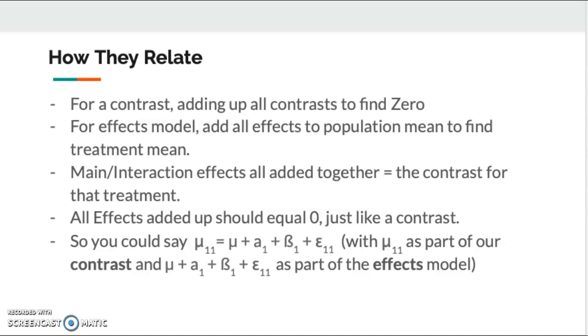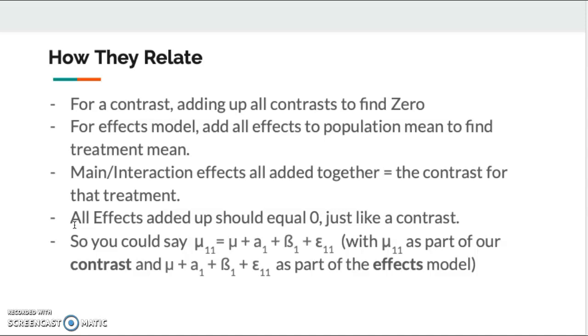So say you had y11, that basically equals mu11 because those are two sample means that you're getting when you look at the effects of variable one and variable one for your two in your 2 by 2 factorial. And if you added all the effects together, like just the effect of 1 and the effect of 1 and the interaction of 1 and 2, of all four of your treatments, those should equal zero, just like a contrast.